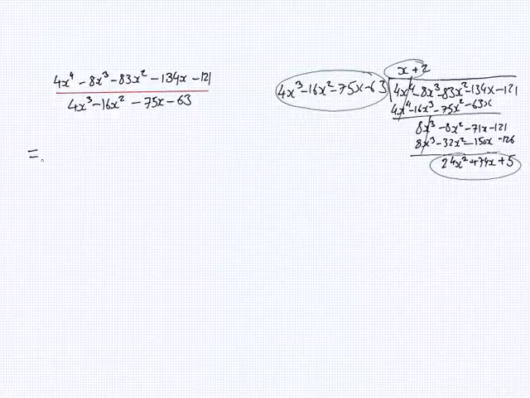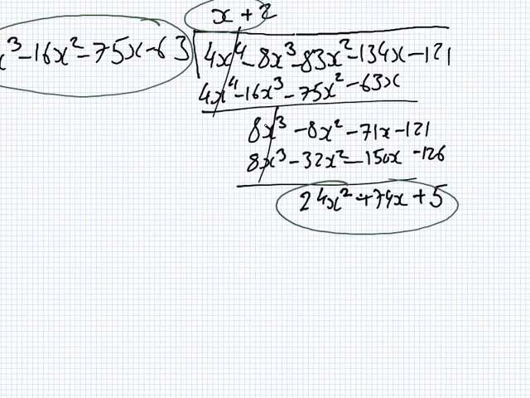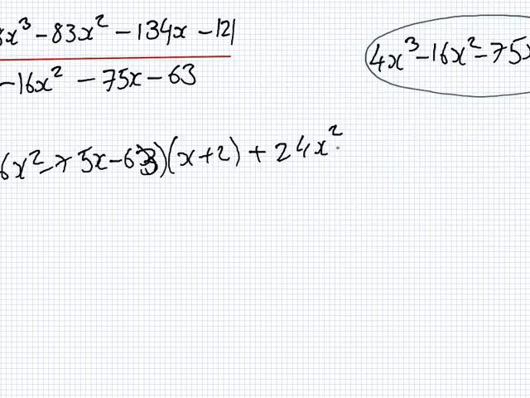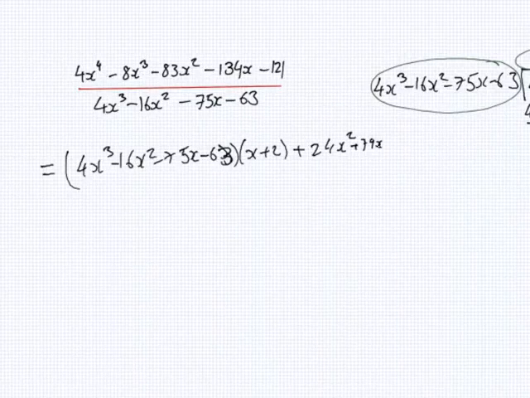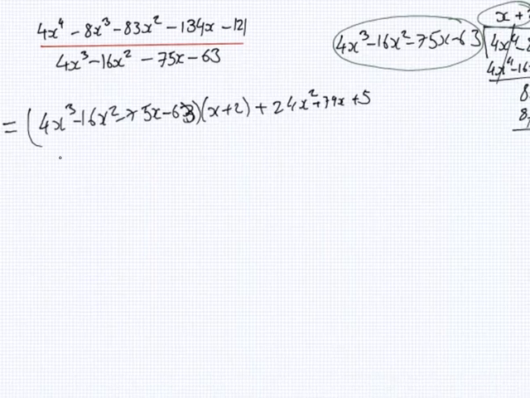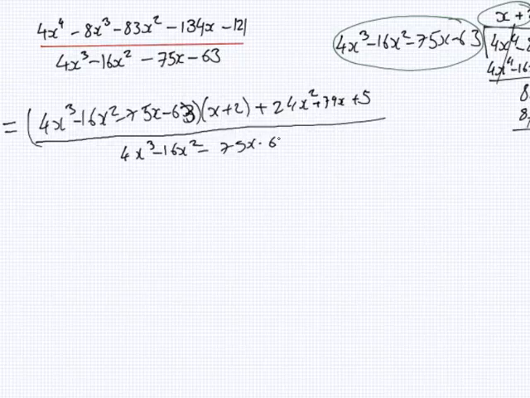So we say that this is equal to 4x cubed minus 16x squared minus 75x minus 63 times x plus 2 plus 24x squared plus 79x plus 5, all over 4x cubed minus 16x squared minus 75x minus 63.